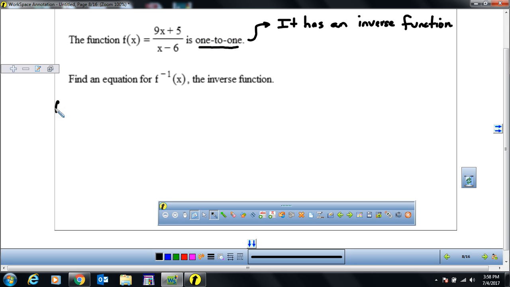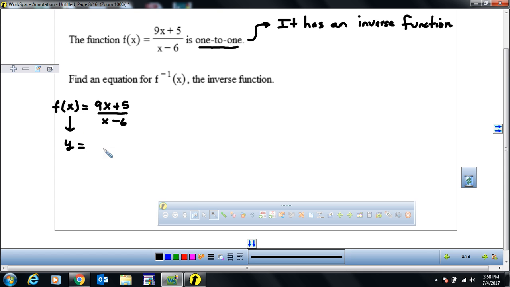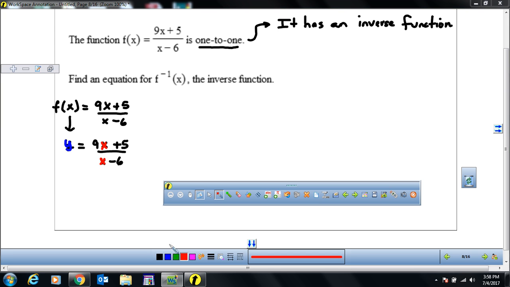Step number 1. Given the function f of x equals 9x plus 5 over x minus 6, first thing we need to do is replace the f of x with y. So that's y equals 9x plus 5 divided by x minus 6. Step number 2. The y is going to be changed to x, and every x right here is going to be changed to y.